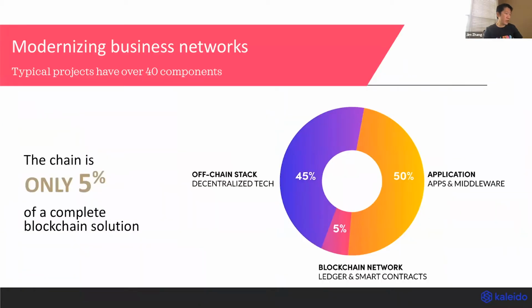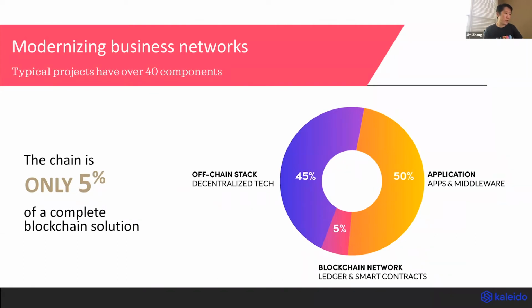Kaleido is unique in that we treat blockchain as a core piece, but it's also at the same time a pretty small piece when you look at the final product that is built on blockchain. The rest of it, almost 90 to 95%, is beyond blockchain itself.